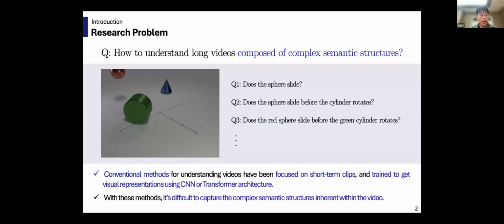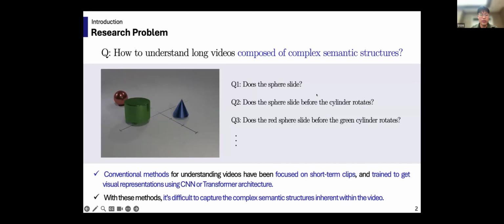To motivate our work, I want to start with our research question, which is how to understand long videos composed of complex semantic structures. When presented with videos like on the left, where multiple objects are moving and interacting simultaneously, and questions like those on the right, answering them requires understanding the movements of each object over time.